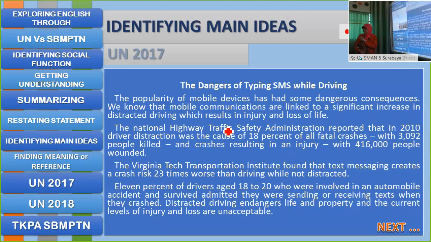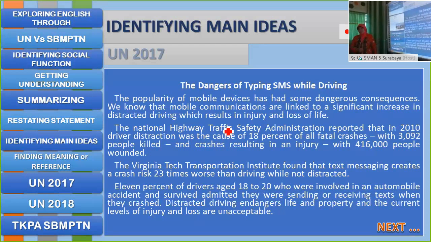We have analytical and hortatory exposition. And the analytical, it is analytical because we have the analysis, the reasons why typing SMS while driving is dangerous. Compared to hortatory, hortatory has a recommendation at the end of the text.